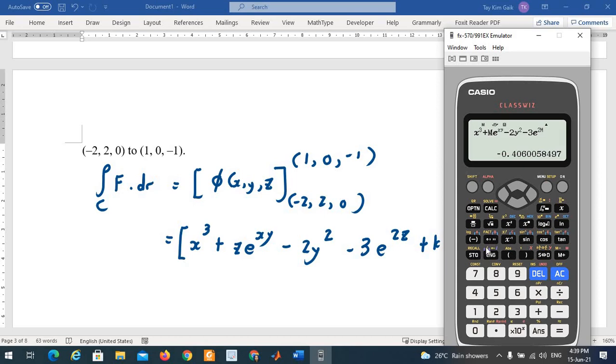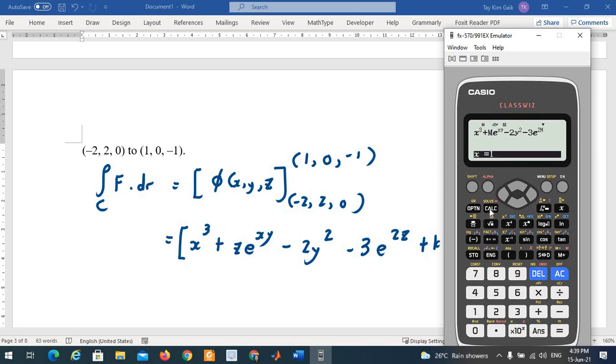Save this one, set into variable A. Okay, I save the answer here into variable A. This is the upper limit. We call back the function.